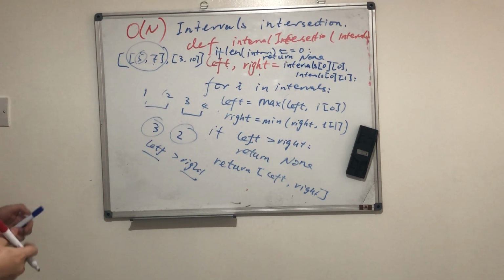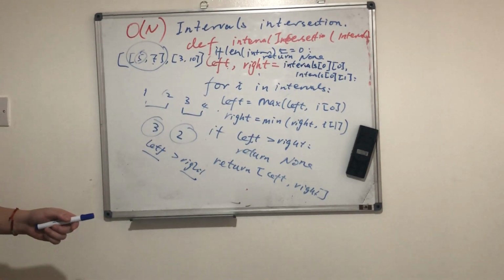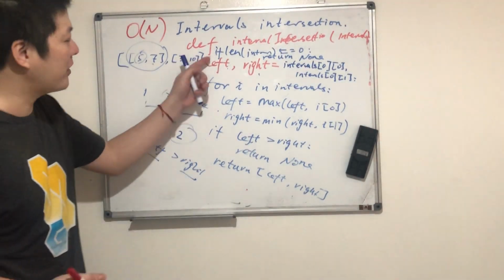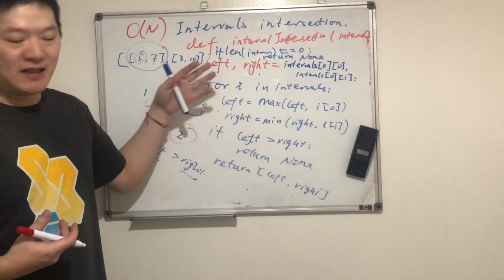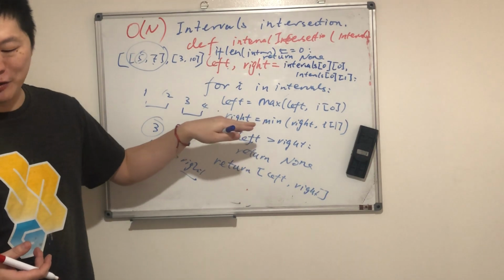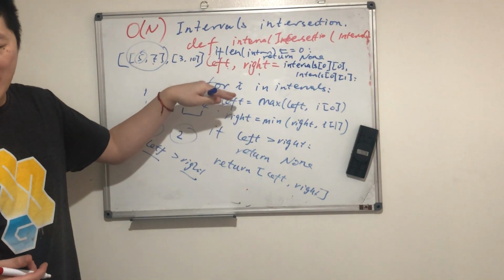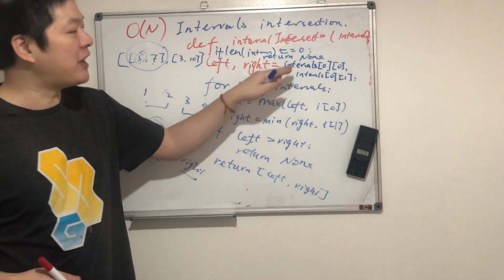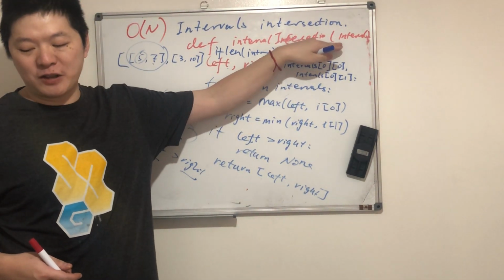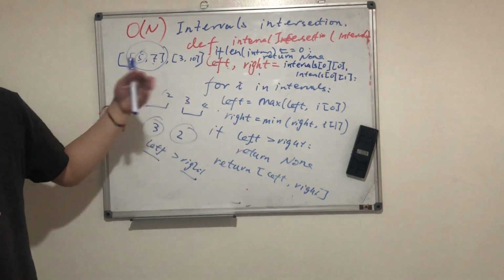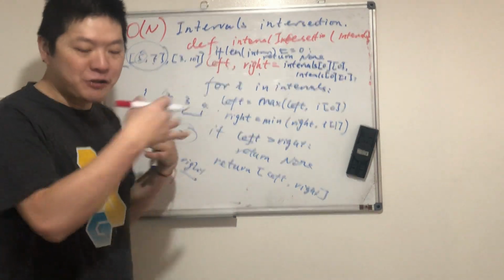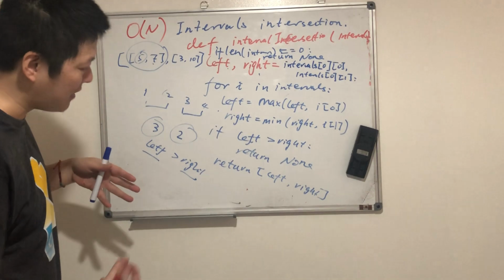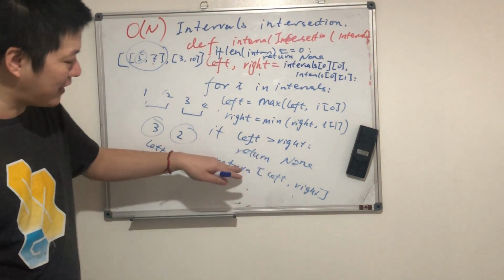And the space complexity is O(1), because we are only allocating constant space, the left and right. The space we allocate does not increase with the size of the input. So it's constant: left and right.